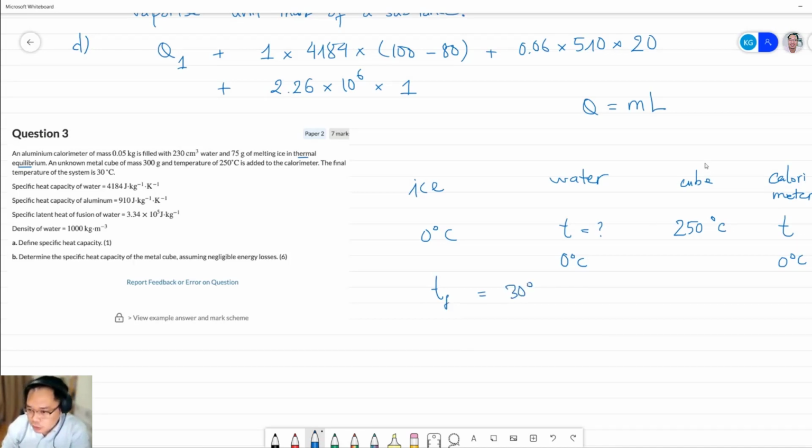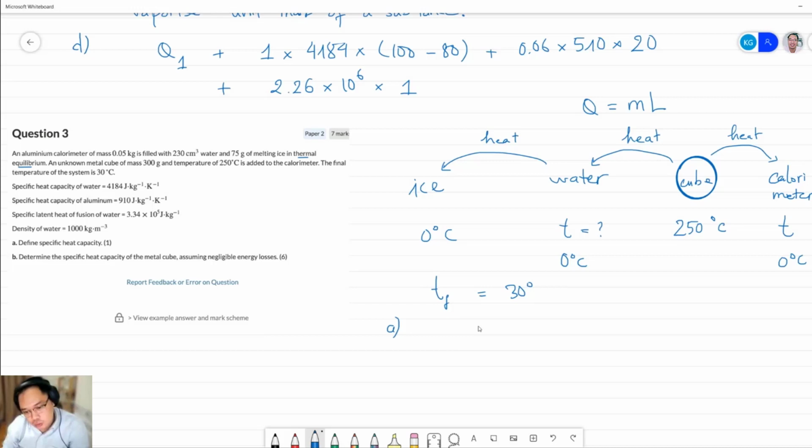The heat, of course, will transfer from the cube to the water, and from the water to the ice. Heat will, of course, also transfer to the calorimeter. Okay, this defines the heat capacity. Question A, easy, just theory.